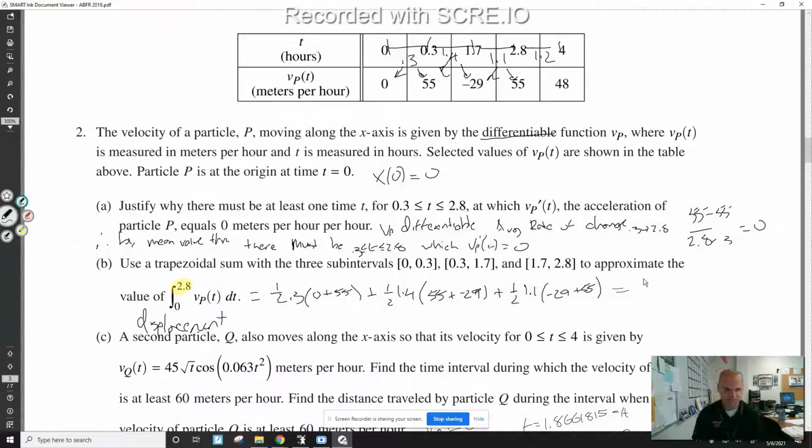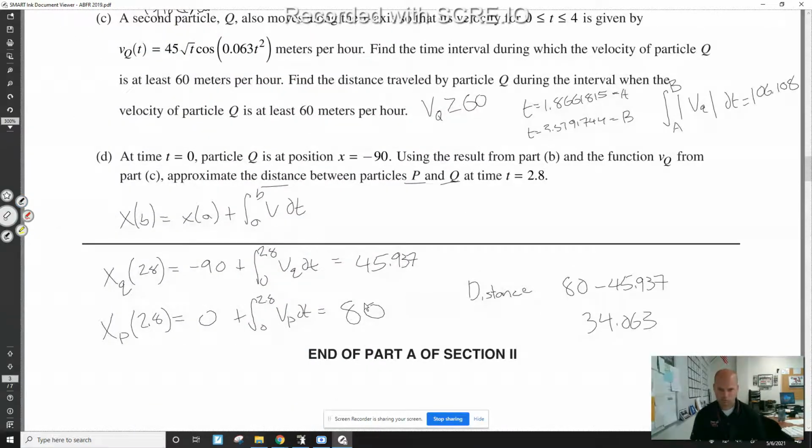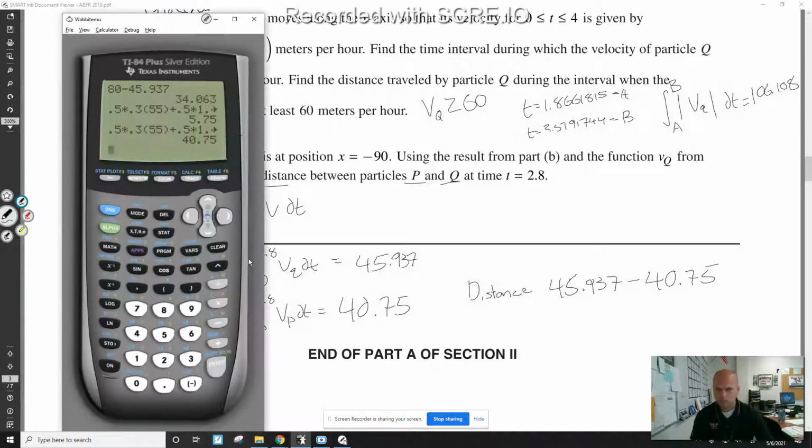Let's go fix that. 5.187 is the distance between the two.